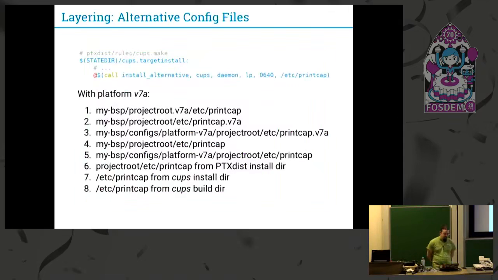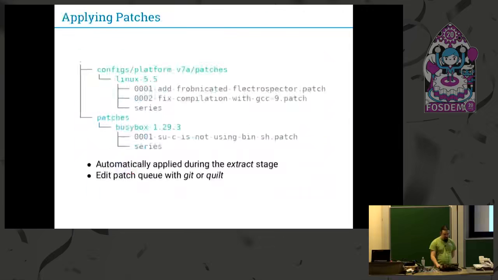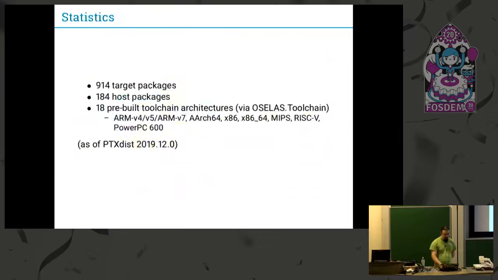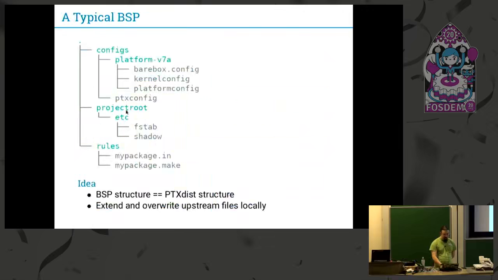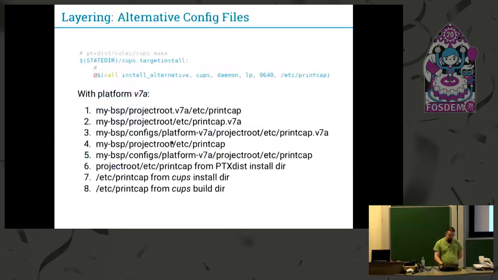Then we have alternative config files. As I said before, we had this additional folder here, project root. And here are 2 config files, FOSDEM and shadow in etc. And you can use this with packages that are using this install alternative macro in their target install stage. For example, in this example for cups is installing the etc printcap file.